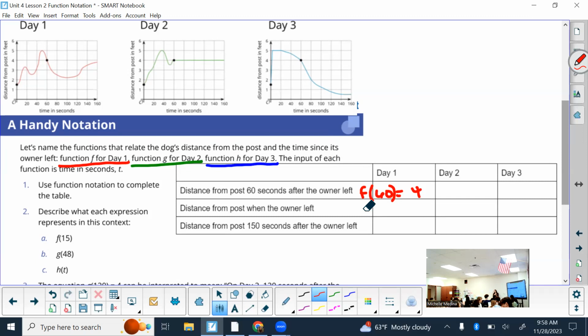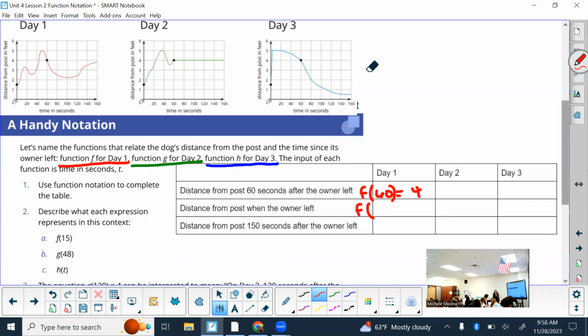The name of the function for day 1. What letter do they want us to use for day 1? F, thank you. So then table 2, when the owner first left, how many seconds have gone by?